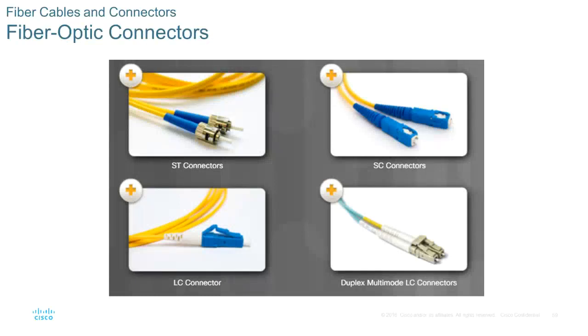Then you have your multi-mode LC connector, which is both pair of fibers connected together in the same plug, and then SC connectors, which push in individually, just like an LC single connector does, but are square and don't have the same locking mechanism.